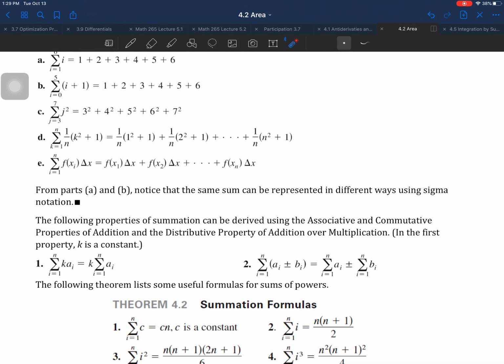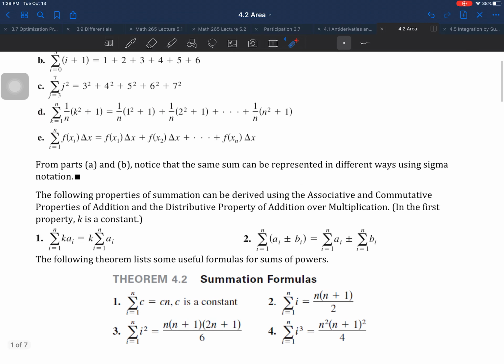Then i equals 3, and that will give you f of x sub 3 times delta x. And the last one will be n, so when i equals n, that will be f of x sub n times delta x. We put the ellipsis again to tell the reader that we're following the same pattern all the way over there, so that we can all see that the pattern will continue. We have to write at least 2 of them to see the pattern.